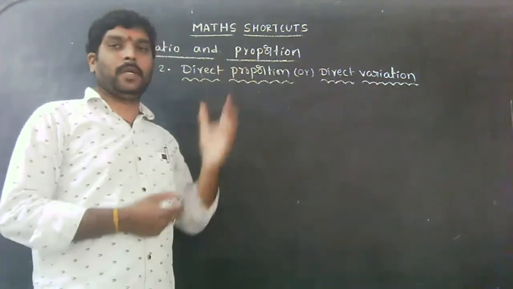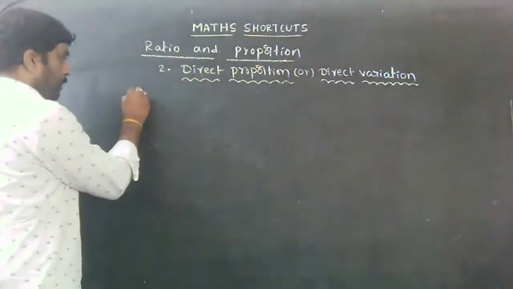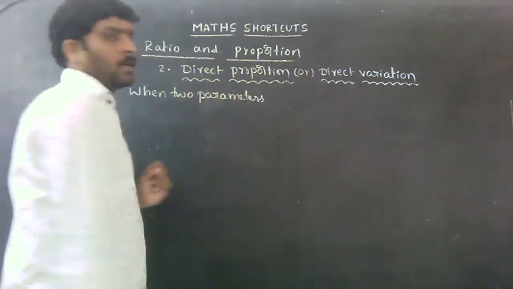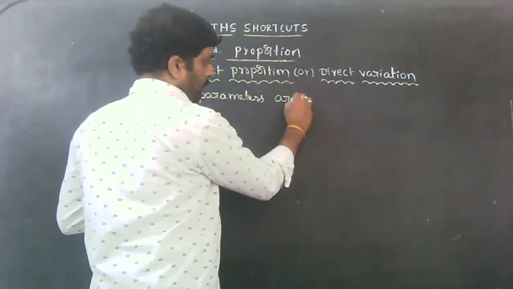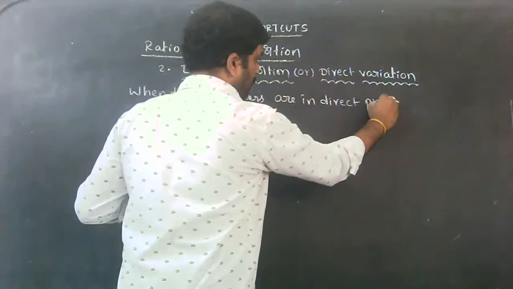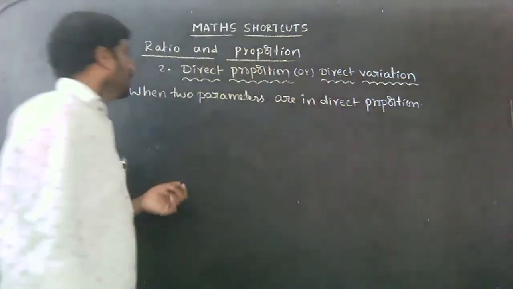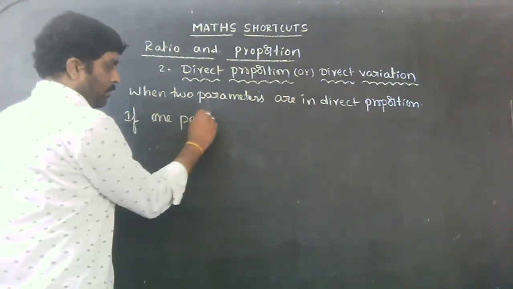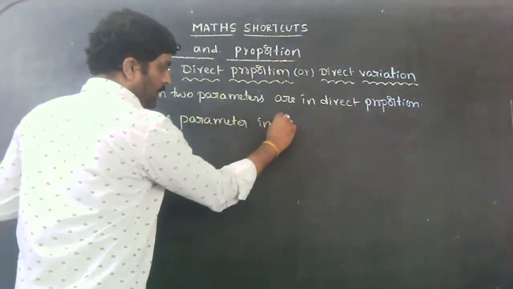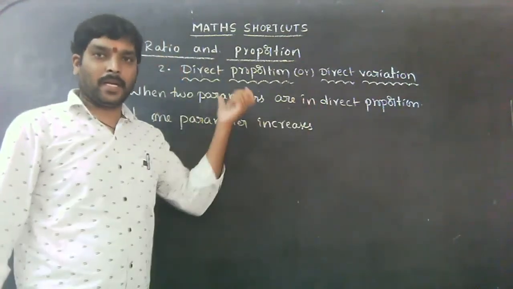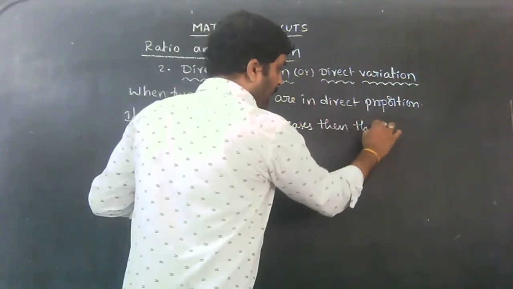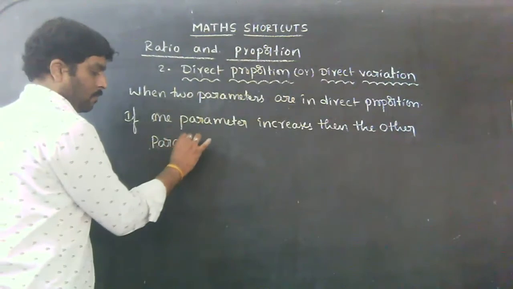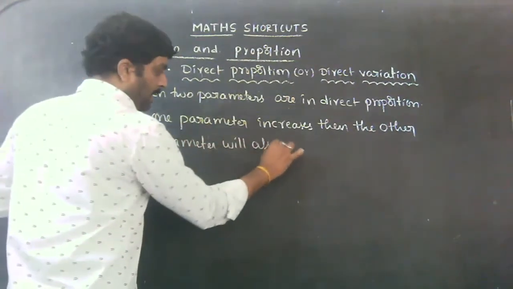For example, direct proportion means when two parameters are in direct proportion, if one parameter increases, then the other parameter will also increase.